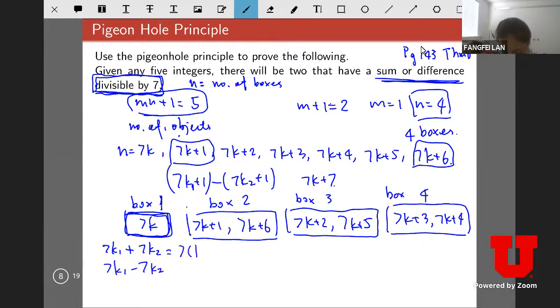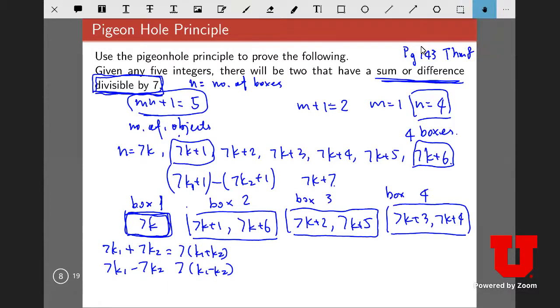In this case, you get 7(k1 plus k2), and this one you get 7(k1 minus k2). So both the sum and difference will be divisible by 7. Does that make sense? So you have to argue all the cases possible to show that either the sum or the difference will be divisible by 7.